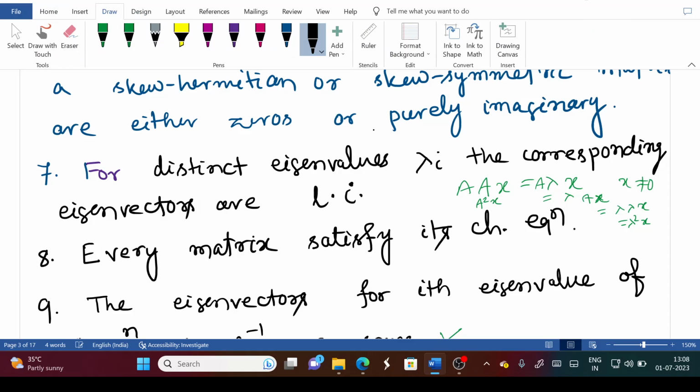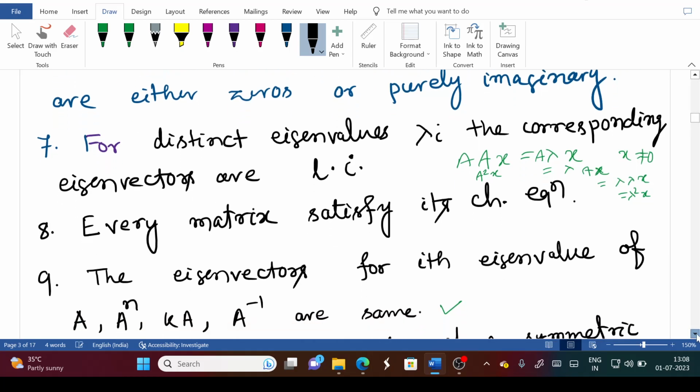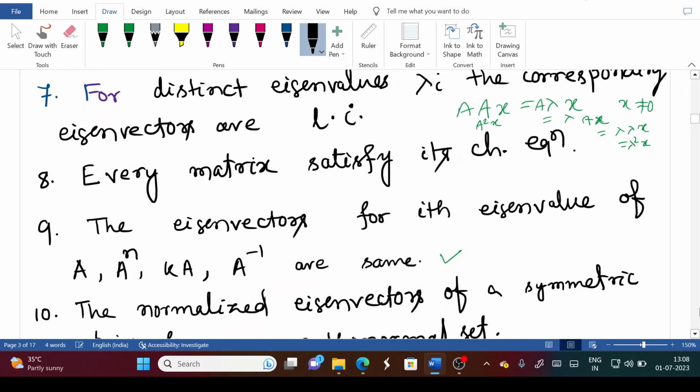So if I take lambda 1, and x1 is the eigenvector of A corresponding to lambda 1, then the eigenvector corresponding to lambda 1 squared is also x. So the eigenvectors corresponding to the ith eigenvalue are the same for these matrices.